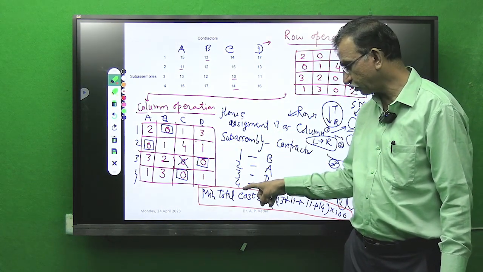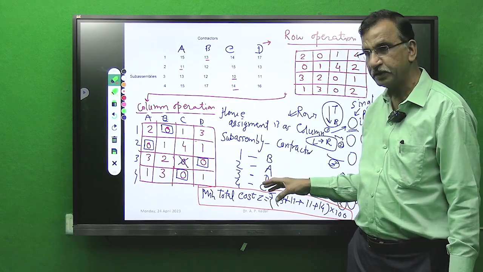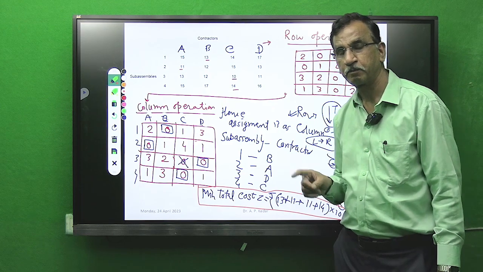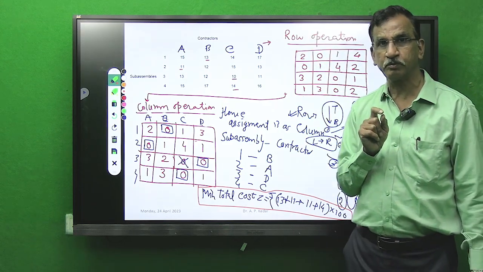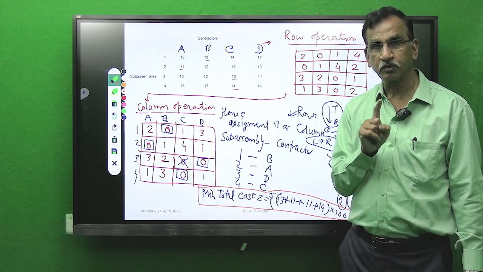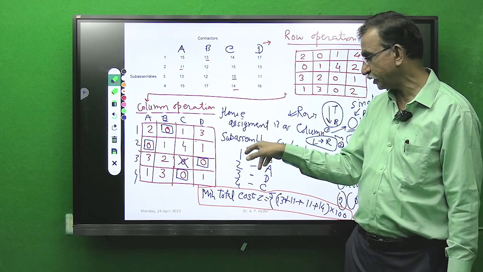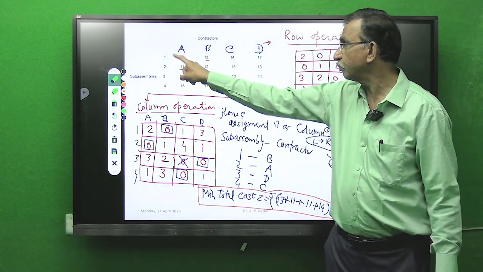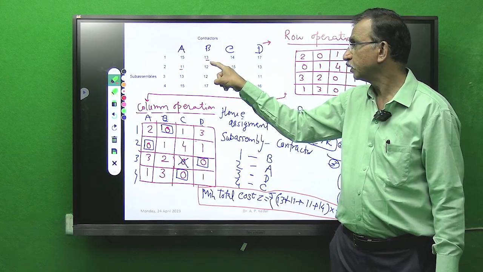And how to find the minimum cost? What I did is, from the original given cost matrix, this is a very important word I am using, from the original given cost matrix, find what is the cost in that particular cell. Like 1B, in 1B the value is 1300.